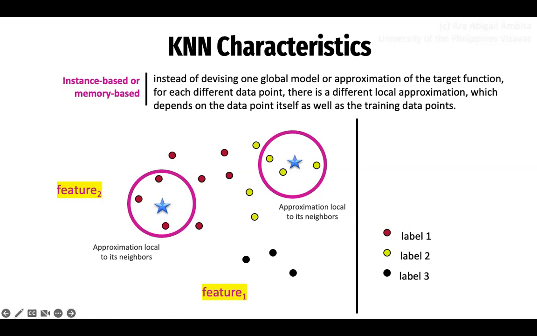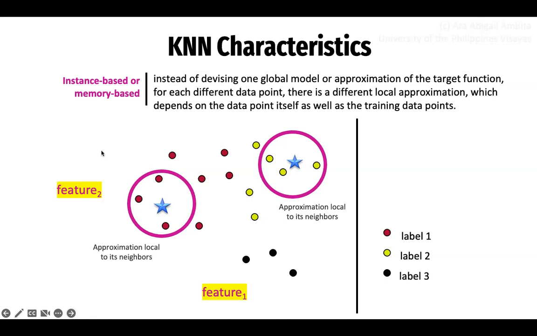Okay, and moving on, the KNN is also considered an instance-based or memory-based algorithm because, as you have seen, instead of devising one global model or approximation of the target function based on all of the data points, what the KNN does is develop a local approximation for each data point. In other words, the local approximation may depend on the data point itself as well as the training data points.